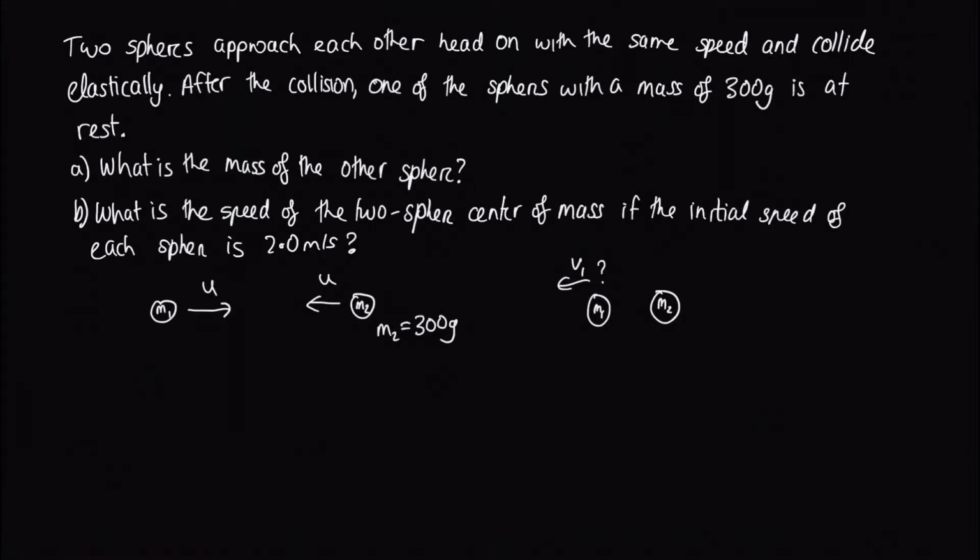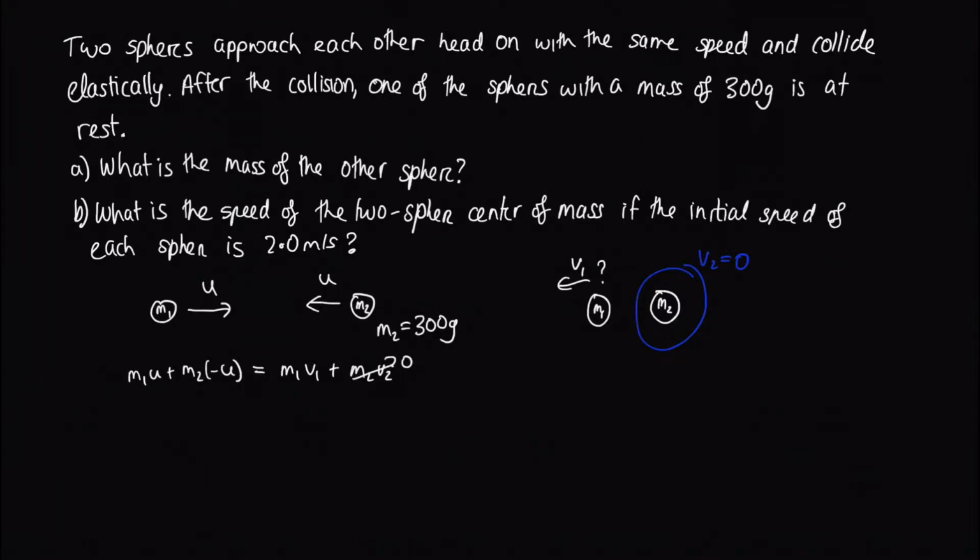Let's write down the equations that we have to describe this situation. During collisions, momentum is conserved. So we can write m1u plus m2 times u2, where u2 is minus u because it's got the same magnitude but opposite direction, is equal to m1v1 plus m2v2. But v2, the speed of this sphere, is equal to 0, so this term is 0.